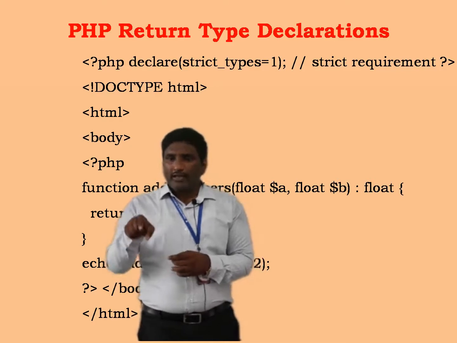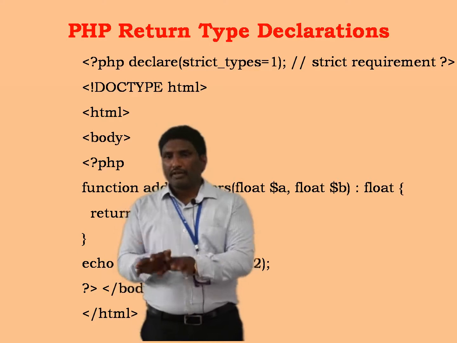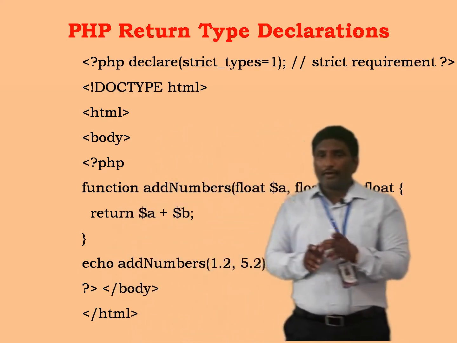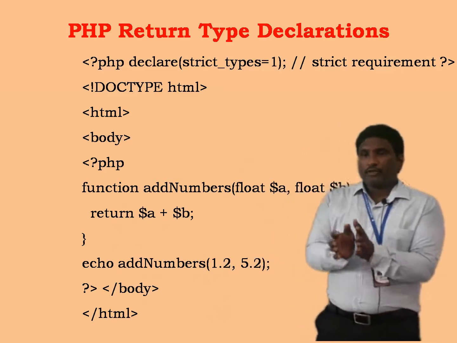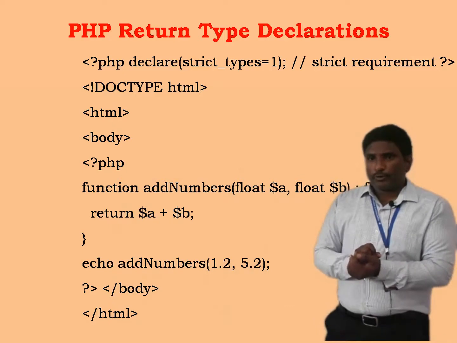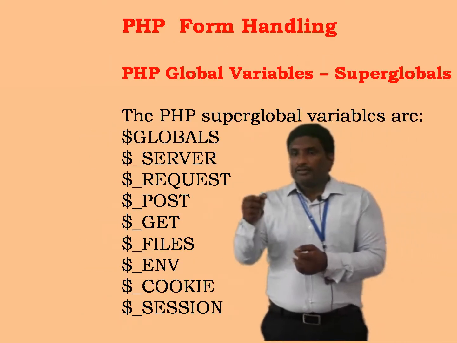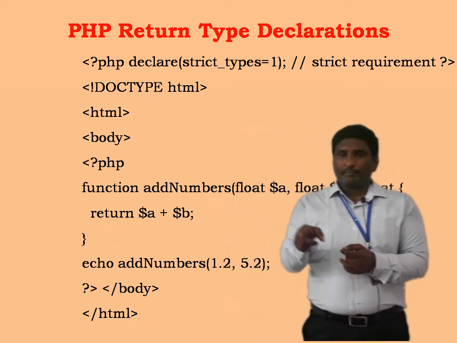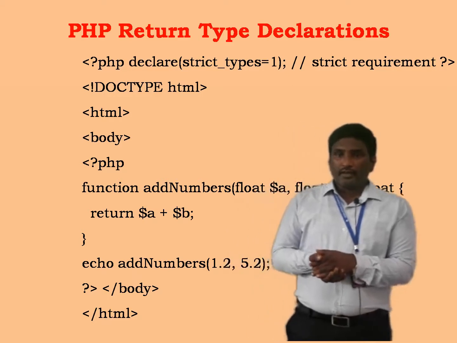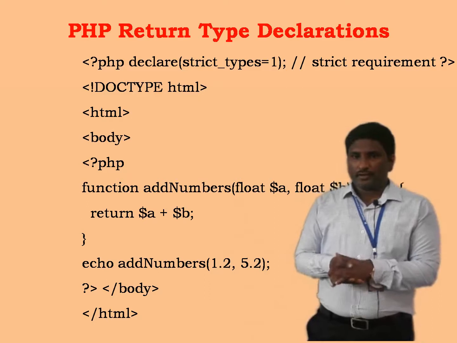So when calling addNumbers in this scenario, we should pass float numbers only. See, echo addNumbers, I am passing float numbers 1.2 comma 5.2. For this program, the output is 1.2 plus 5.2, that is 6.4. Okay, this is about functions in PHP.